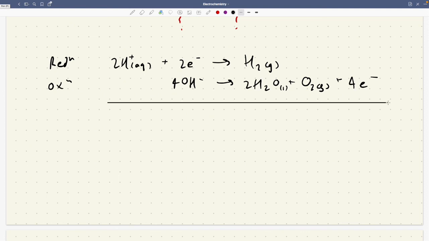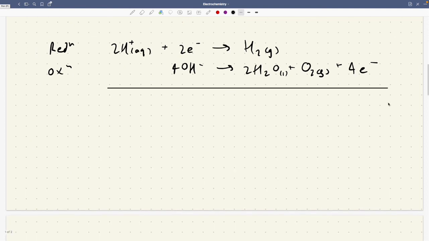So we're going to make the electrons equal each other. So this first one, we're going to have to multiply by 2 to get 4H+, 4e-, and then 2H2. So let's put it all together. We can cancel out the 4e- there and the 4e- there. And what we end up with is 4H+ and 4OH-.